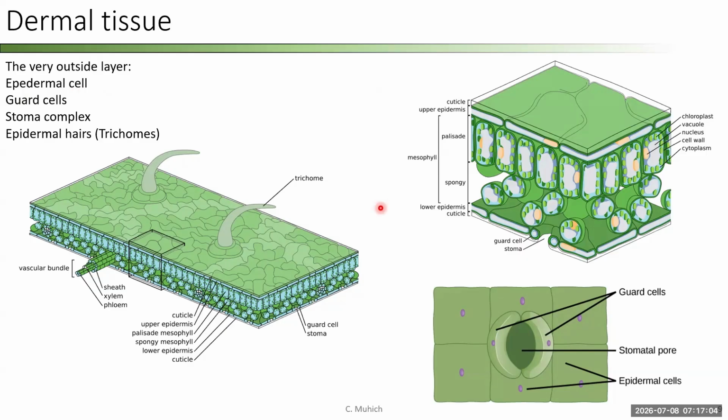We can see down on the right a picture of what the epidermal layer looks like. And we can see the two different types of cells. So there are epidermal cells, these square cells. And then we have these guard cells, which look more like bean shapes. And then we have what's called a stomatal pore.